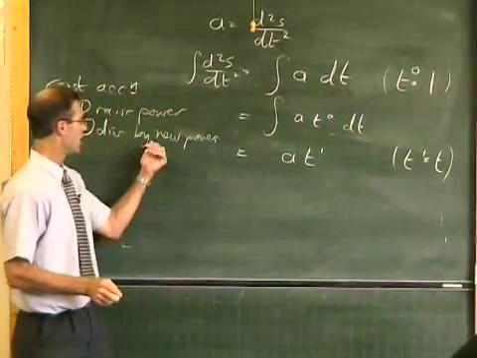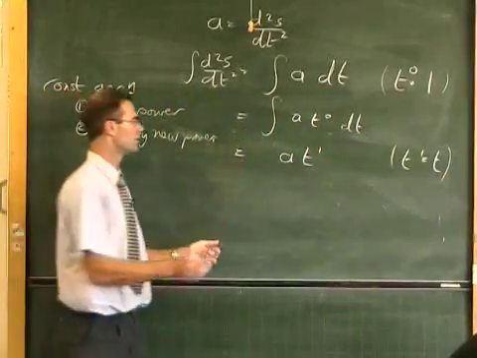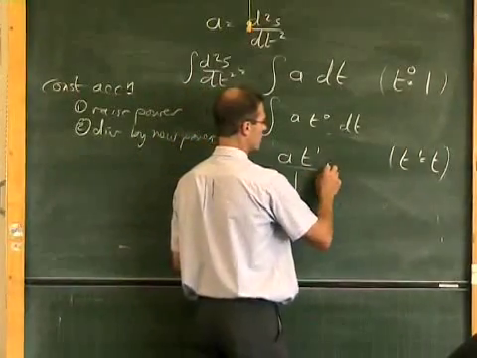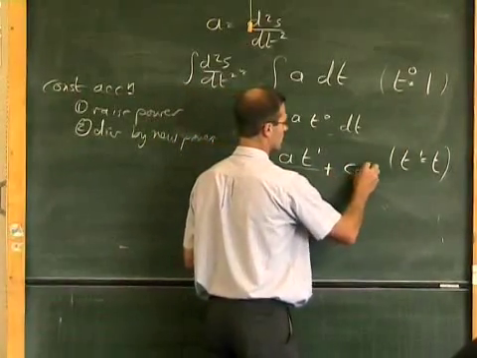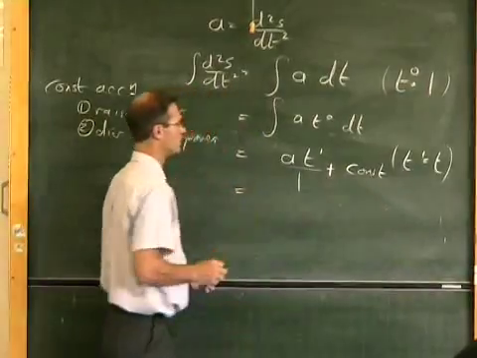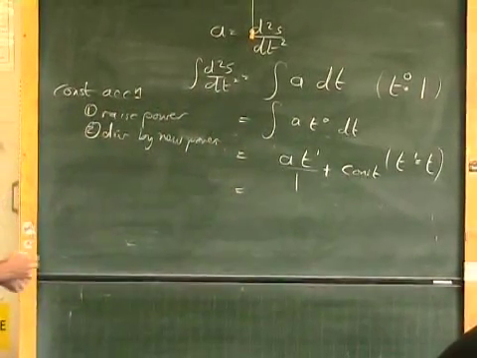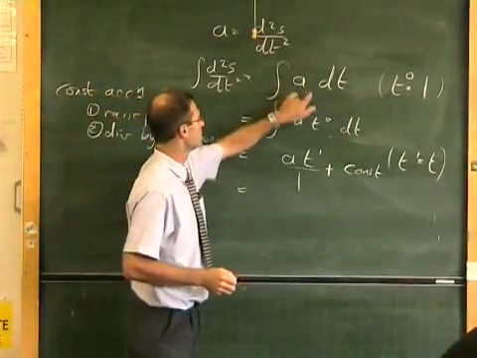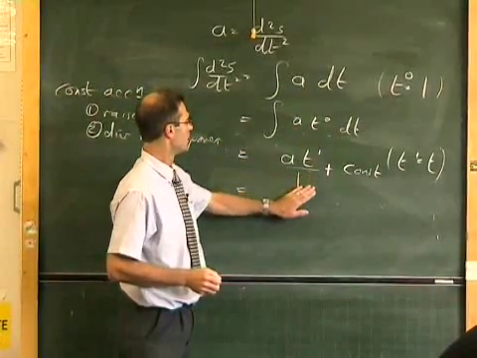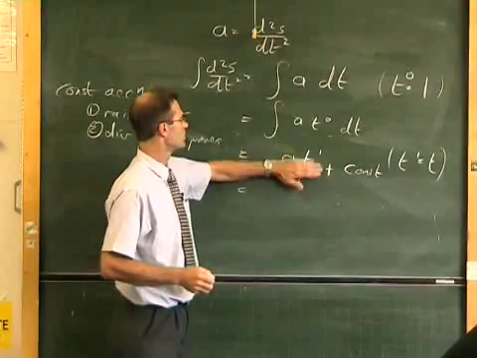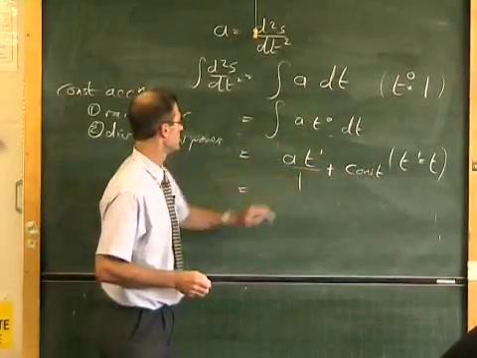Dividing by the new power, which is now 1, divided by 1, plus that constant. Okay, so all we're doing is integrating constant acceleration with respect to time. And so if you integrate a constant with respect to t, it's just going to be a times t.